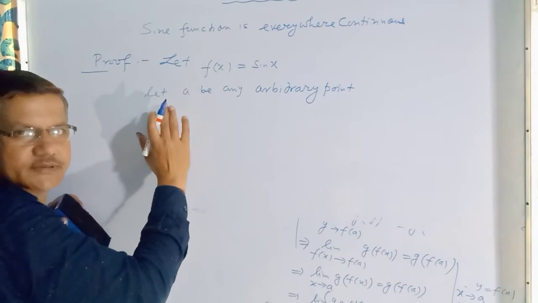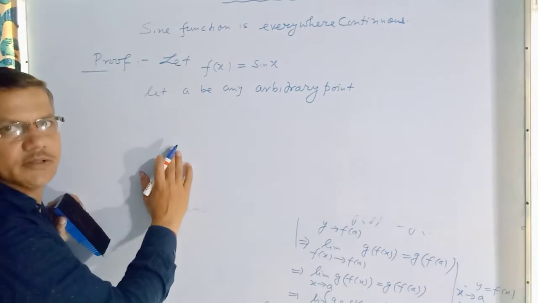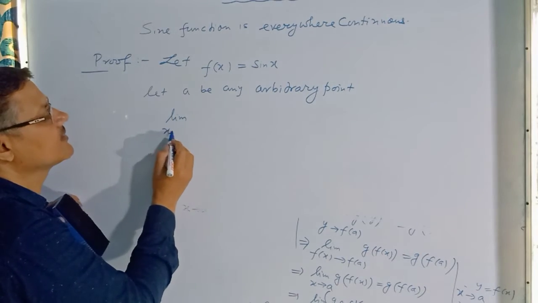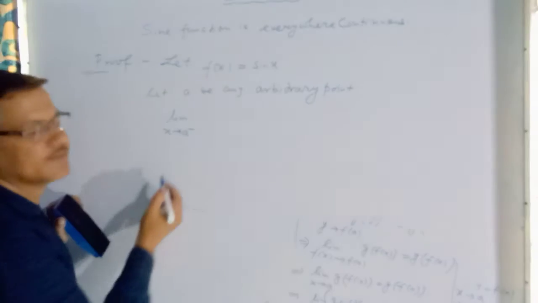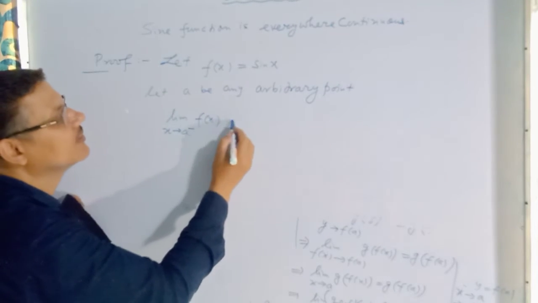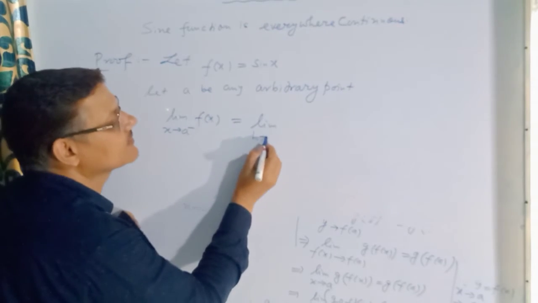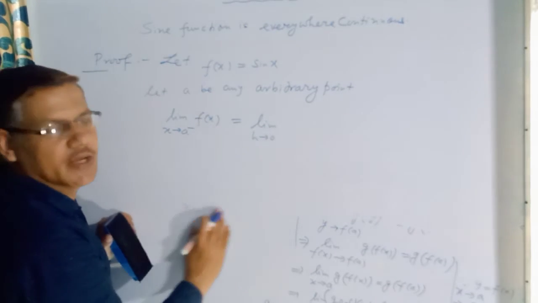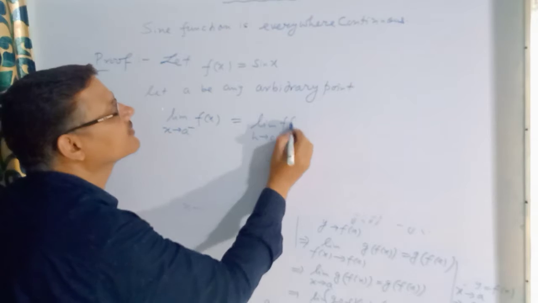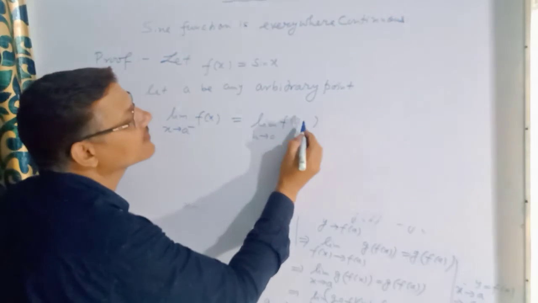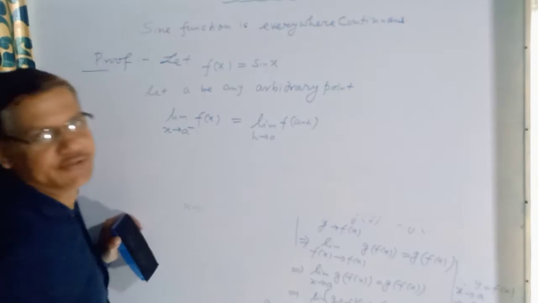So we find first the left hand limit, right hand limit, then the value of the function. So I start here, limit x tends to a from the left. Then this is the function. By rule, we change it as h tends to 0. At the place of x, we write, the point is a. In case of left hand limit, it is a minus h.